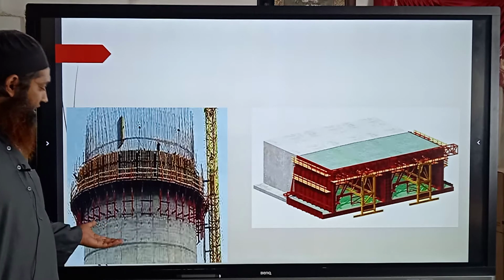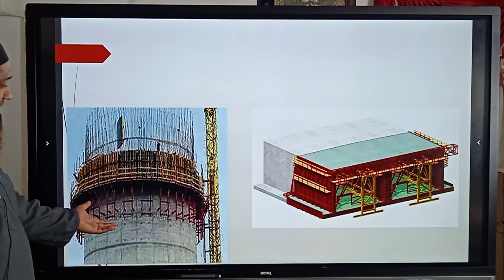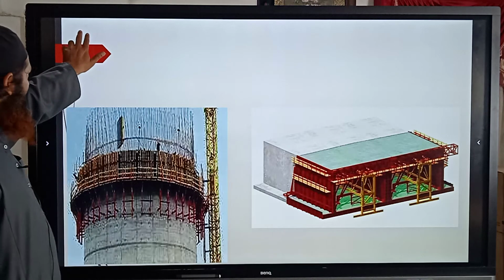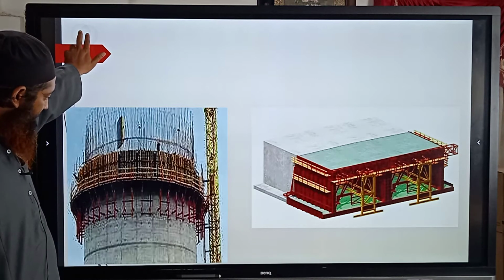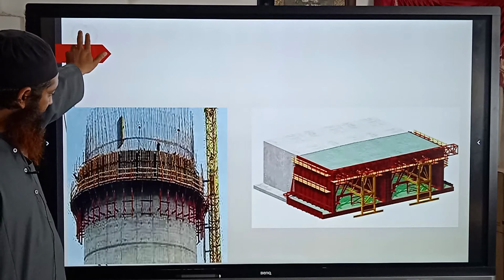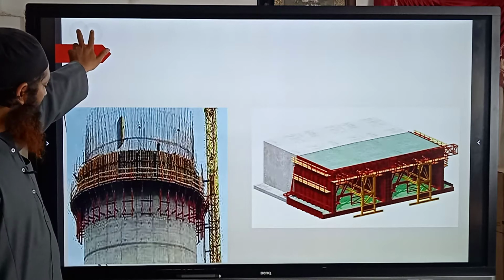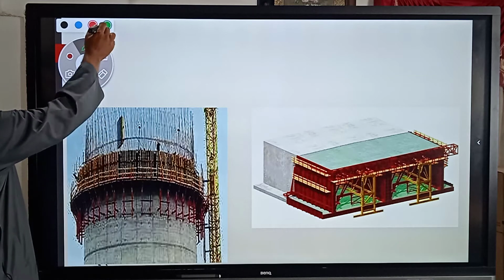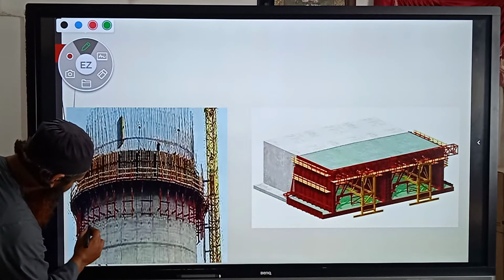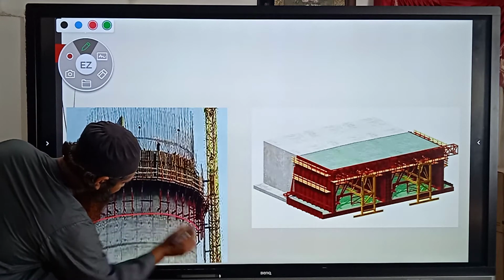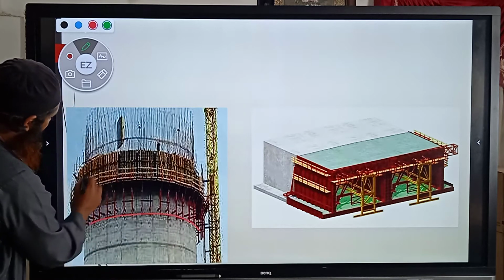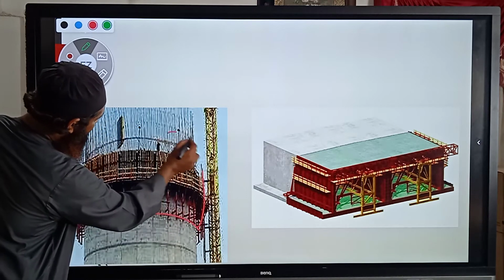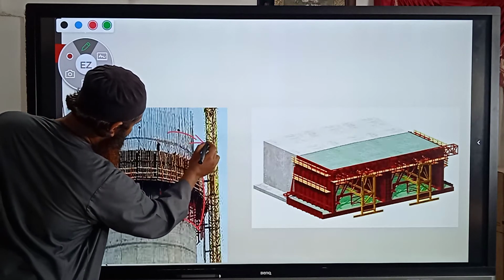This is a circular tank being constructed here. For that you can see what type of formwork is used here. You can see just around the whole circular tank, this is the formwork placed, and this is the reinforcement, the steel.